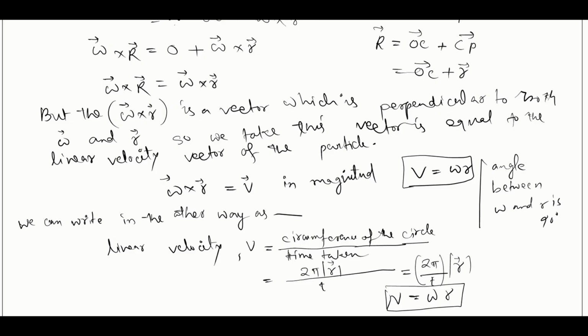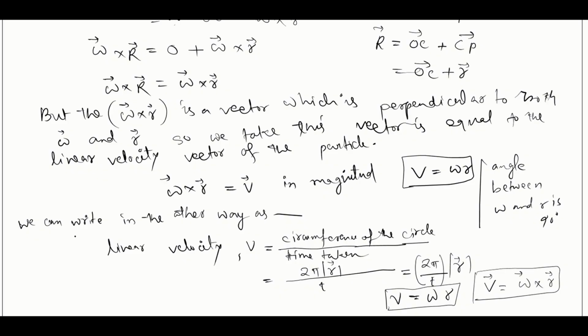For the direction of v, we have to write in vector form: v is equal to omega cross r. In vector form we can write this.